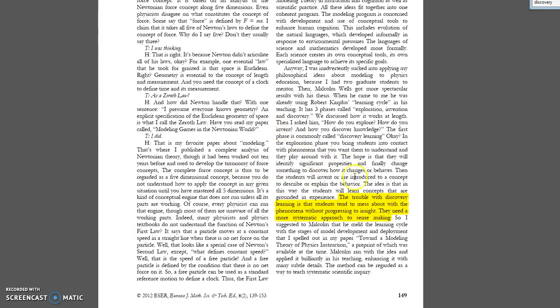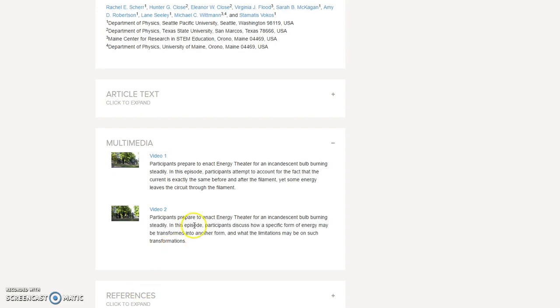And David Heston just made this comment about discovery learning. The trouble with discovery learning is that students tend to mess about with the phenomena without progressing to insight. They need a more systematic approach to sense making.